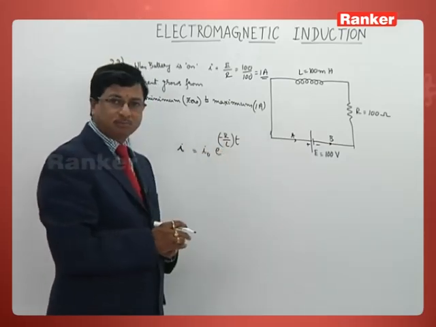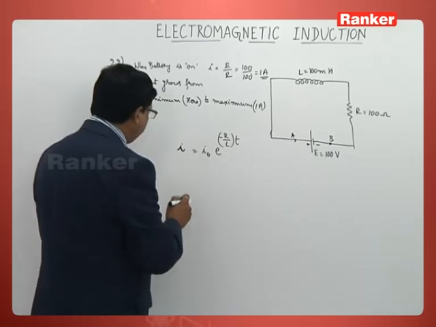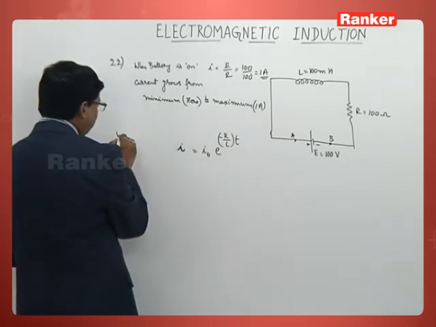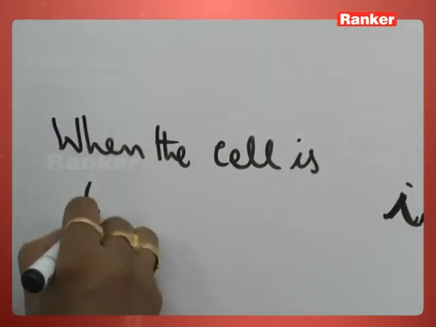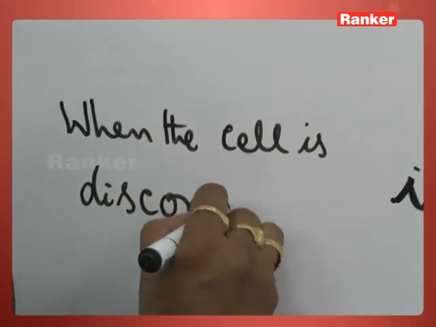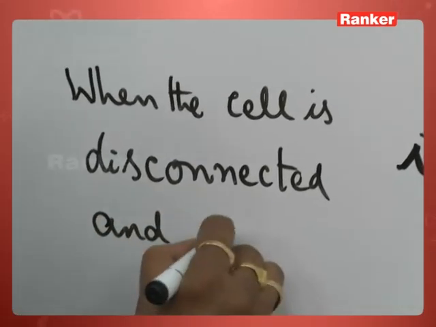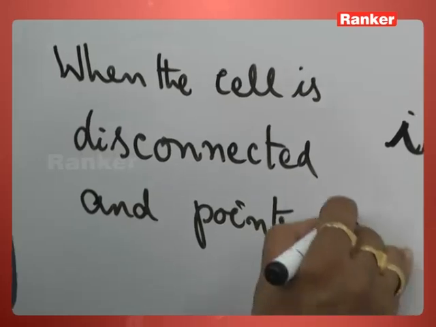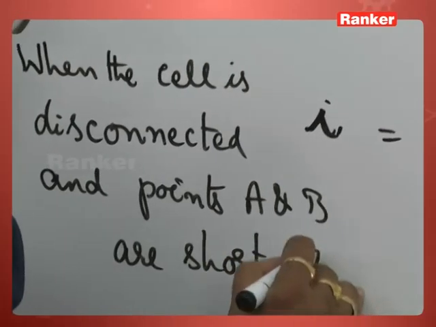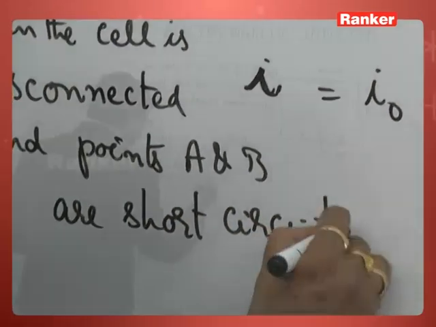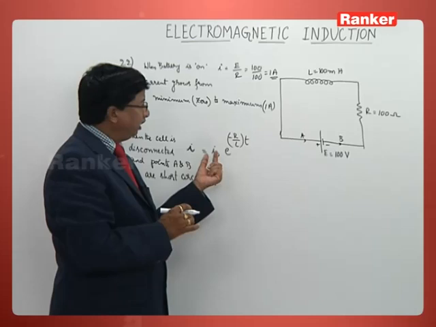Tau is going to be L by R. So R by L into T. When can we come across this situation? This is the situation when the cell is disconnected and points A and B are short circuited. That is the case we have to go for. And we all know what is the value of I naught now. It is 1.